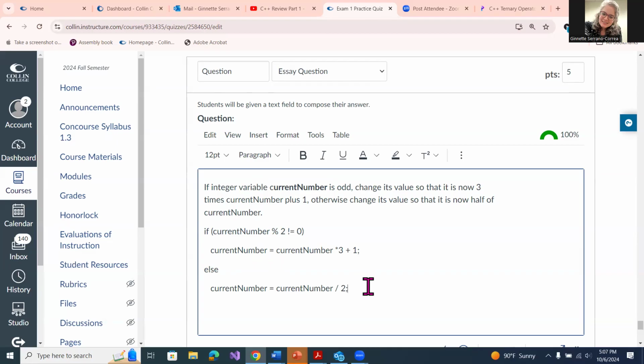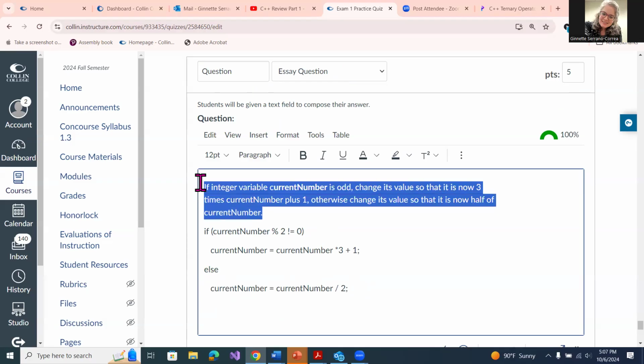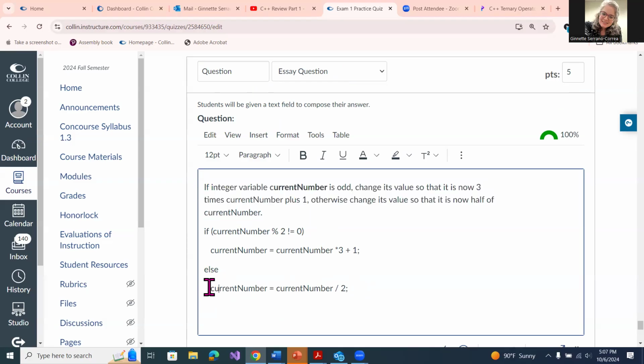Current number is an integer, so I don't have to worry about doing static cast. Well, yeah, I do. If I have an integer like 9, this is not going to print. Oh, this is an even number.